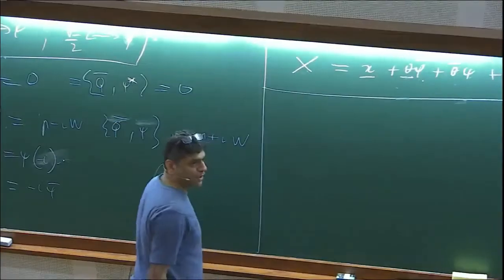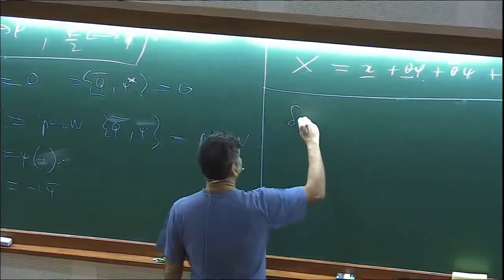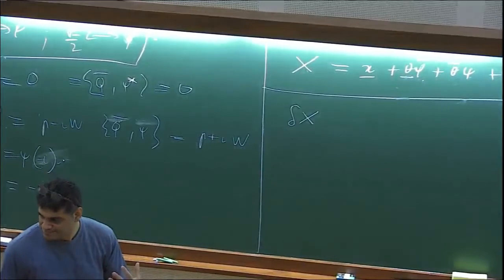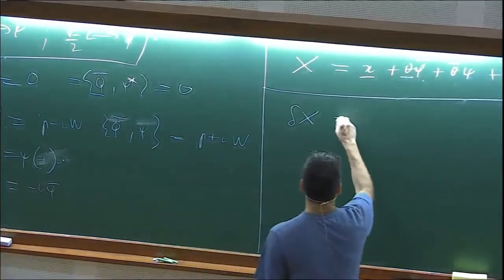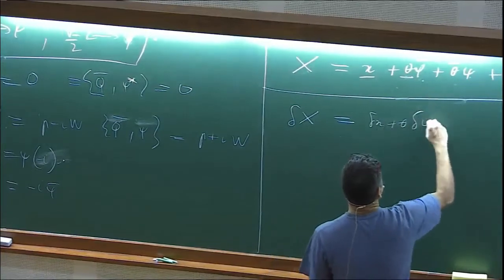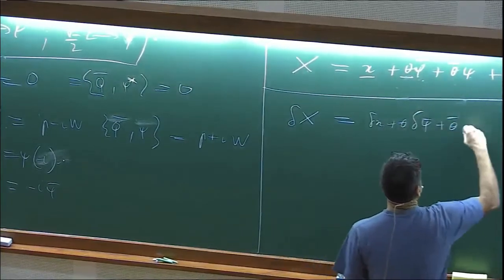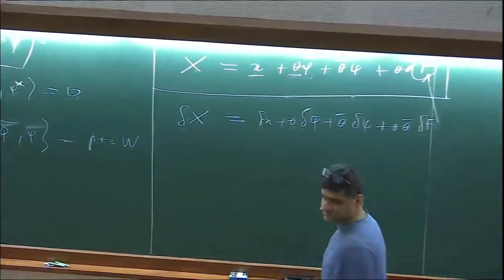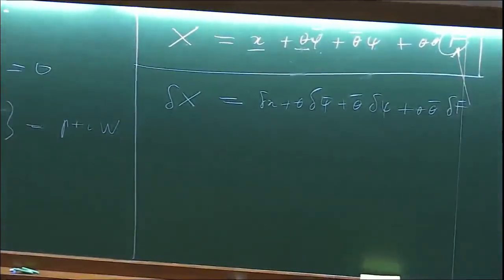What I want is the following. I want delta X, so the variation of X under supersymmetry, which by definition means delta x plus theta delta psi bar plus theta bar delta psi plus theta theta bar delta f. This is my definition of delta X, how the whole superfield varies under supersymmetry.